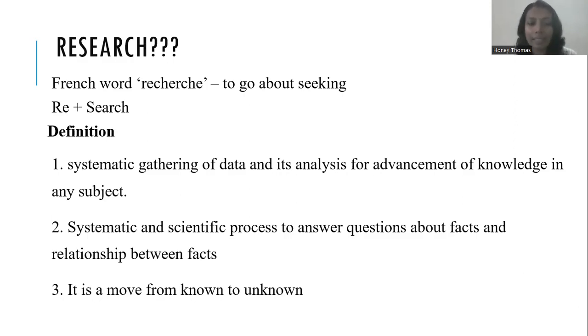Then the second definition: a systematic and scientific process. Scientific process means it is done by well trained or well practiced expert hands. Research can be done by a layman, and it can be done by research experts. It is a systematic and scientific process to answer questions about facts and relationships between facts.